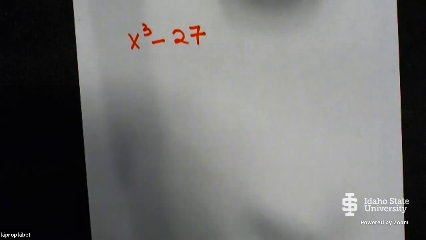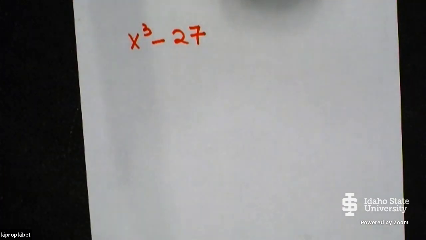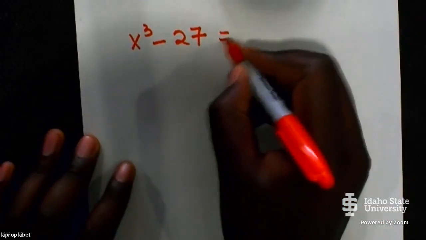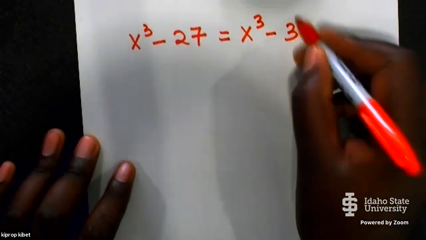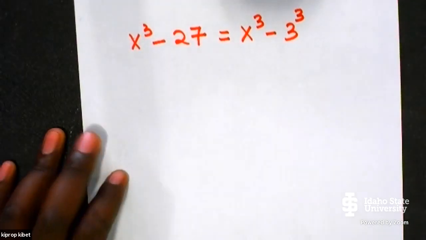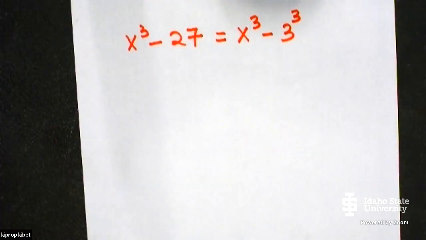Okay, so how will you factorize this? Like what we did before, this is similar to x cubed minus 3 raised to 3, right?